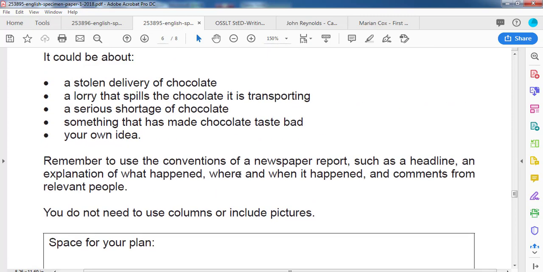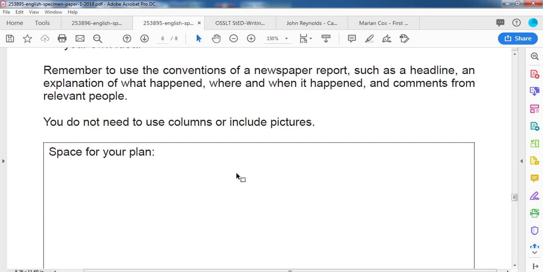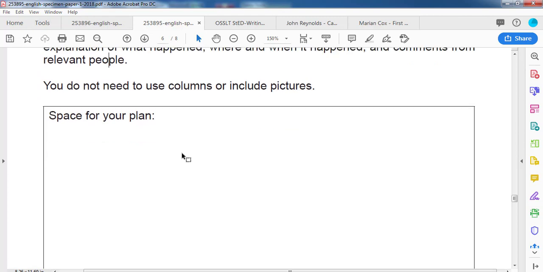They will give us a box to plan in, and I always encourage my students to plan. Without planning, you will not produce very good writing. Planning is part and parcel of your writing process. If you can't plan, you can't produce good writing.